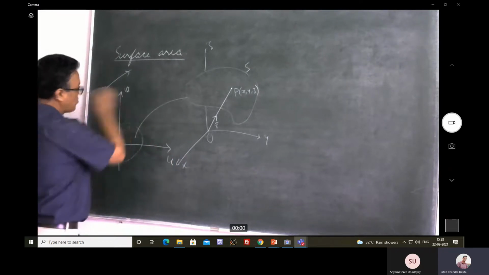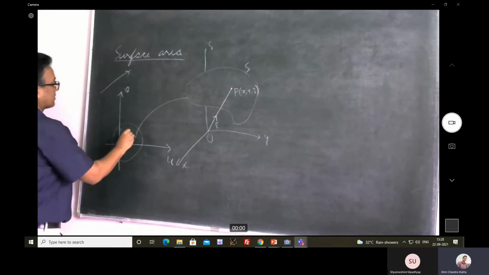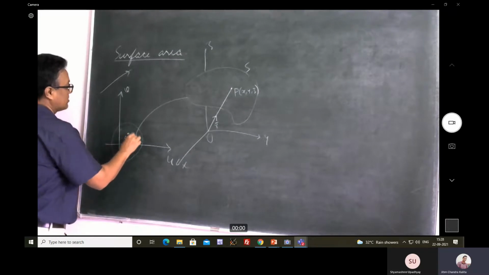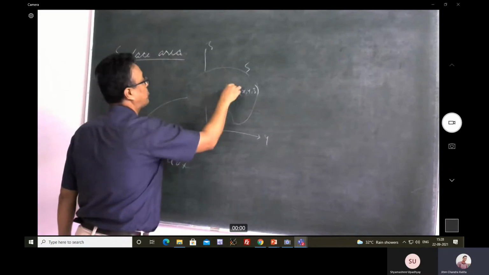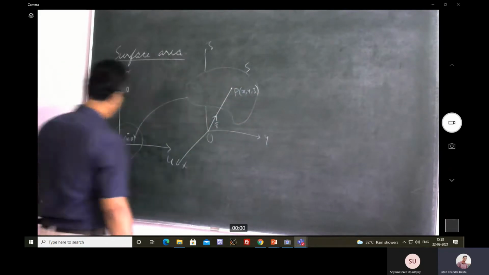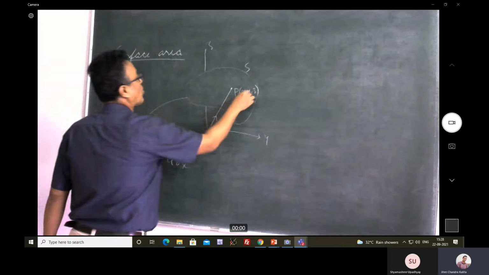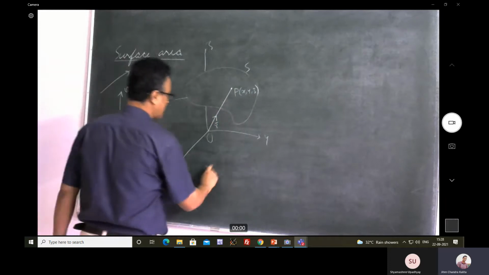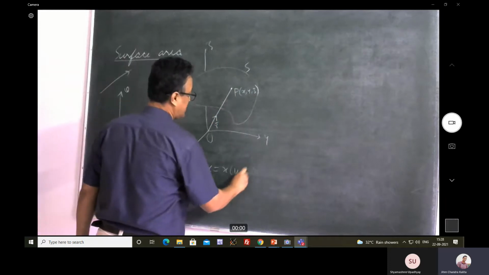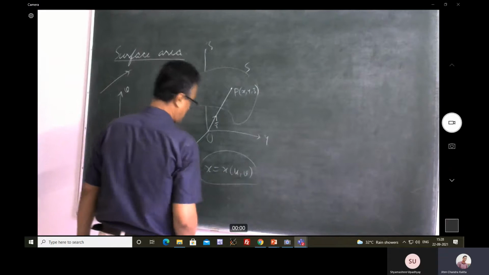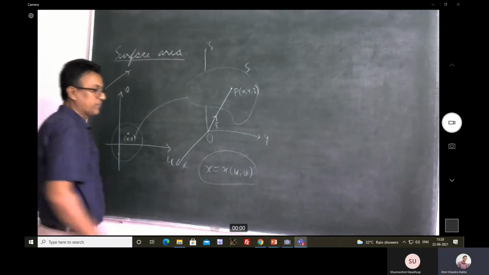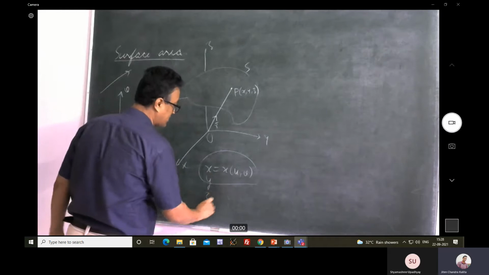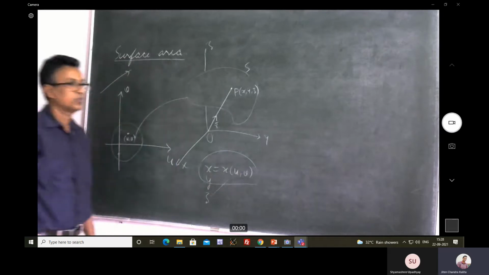We are going to call it the UV plane. Corresponding to some point here, we will get a point lying on this surface, and the coordinates x, y, and z are going to be some functions of these two variables u and v. Similarly y, and likewise for z.